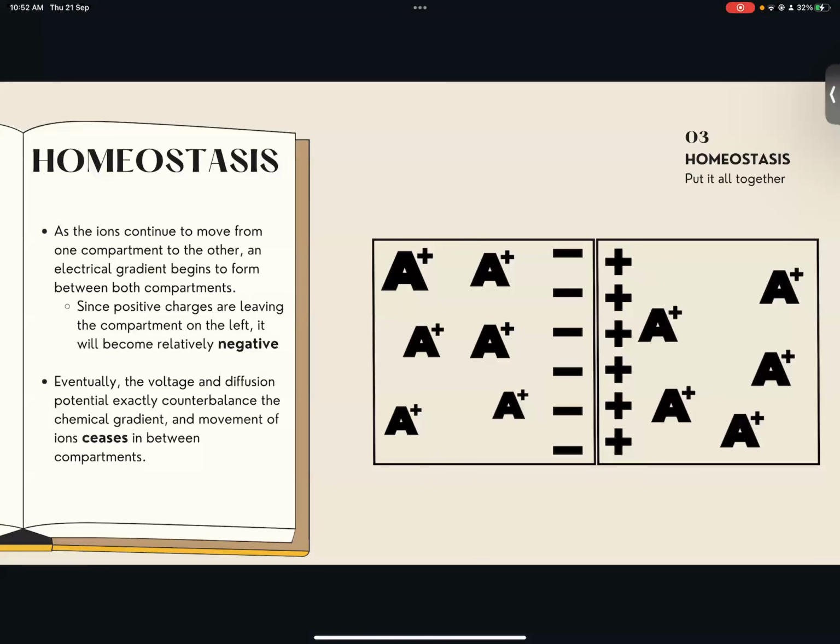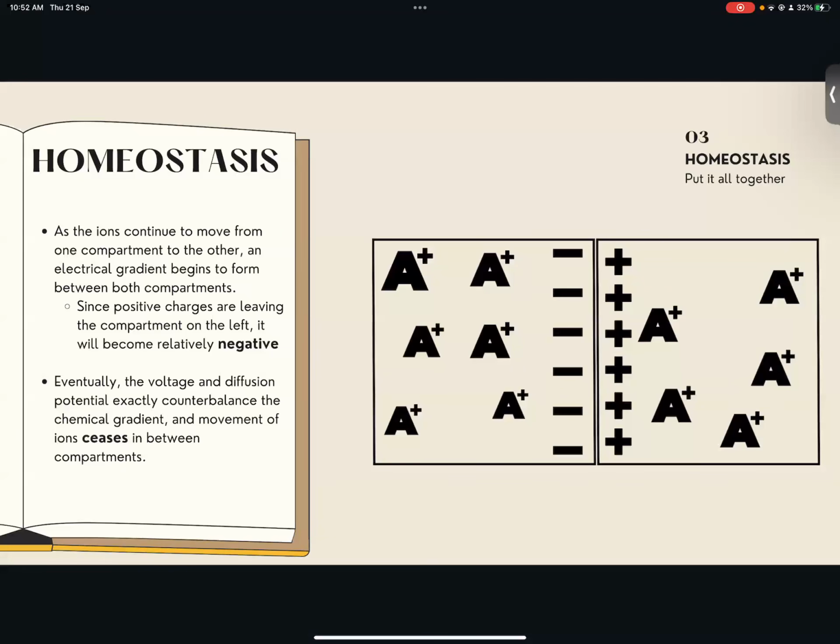Now, we said that there are negative ions in both compartments. If we're losing positively charged ions from the compartment on the left, and we're gaining those positively charged ions in the compartment on the right, and there's no movement of negative ions, that begins to form a negative charge on the compartment on the left.